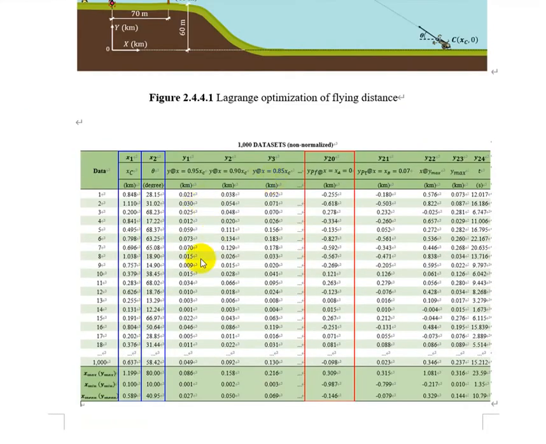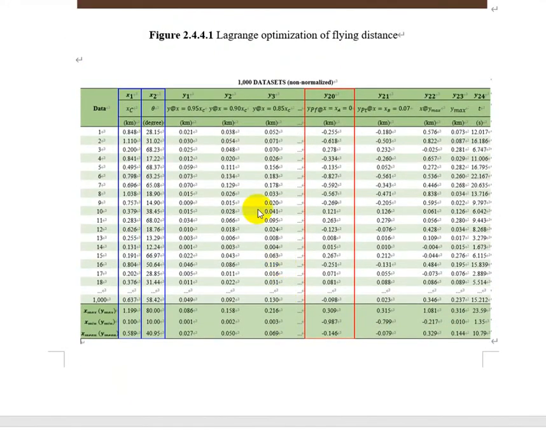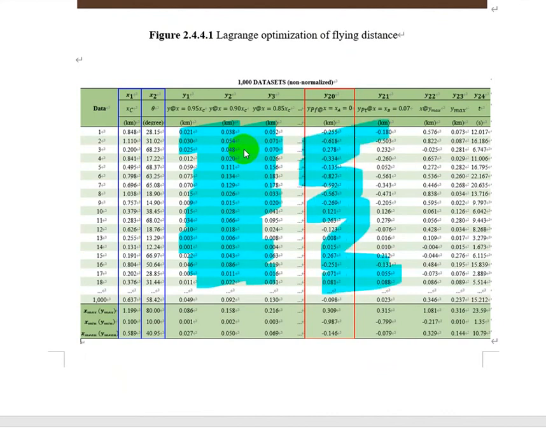This big data is before normalization, and this big data is after normalization. If you see the data before normalization, it's interesting that most of the numbers are well distributed between -1 and 1 here.